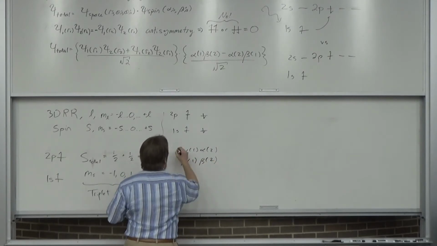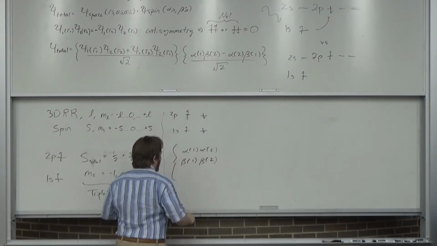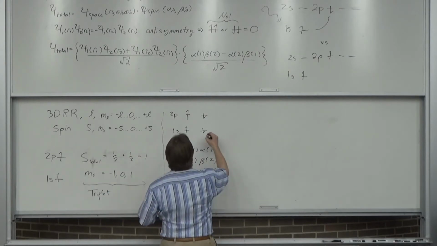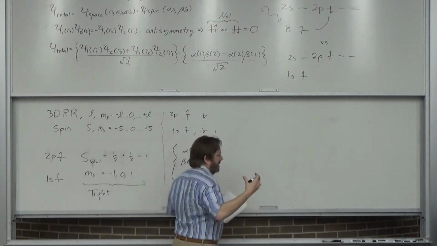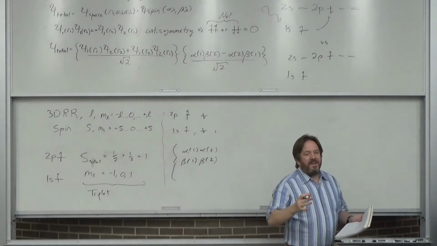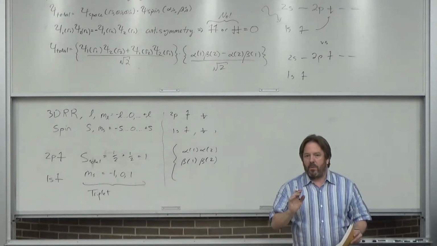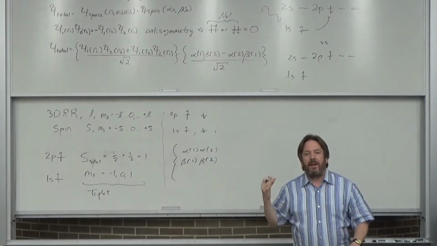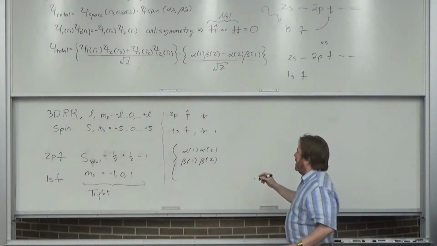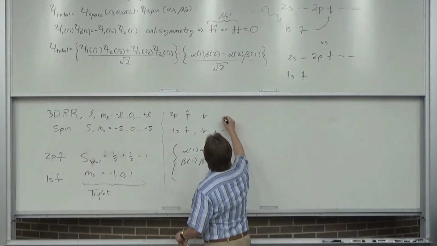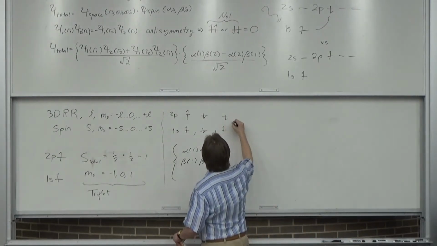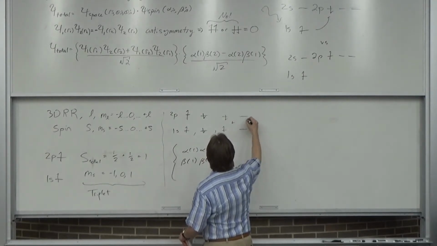And now I need a third. And this is going to be a little strange. And I will try my best to explain it. Let me give you the third one, and then I'll do my best to explain it. But it works like this. Up, down, plus down, up.